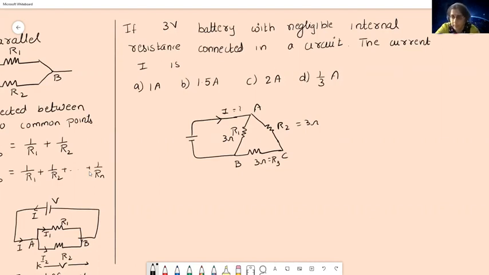Now what can we say about this connection here? You can say that R3 and R2 are in series, isn't it? They are connected end to end. The second terminal is connected to the first terminal of R2. So in this branch ACB, the total resistance is going to be R2 plus R3, which is 3 plus 3, so 6 ohm.